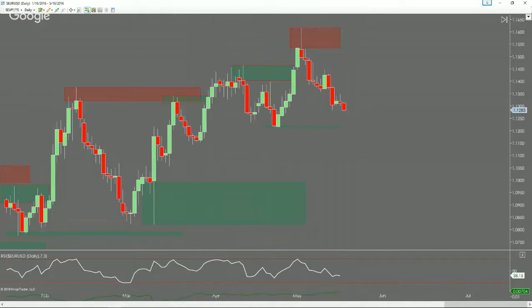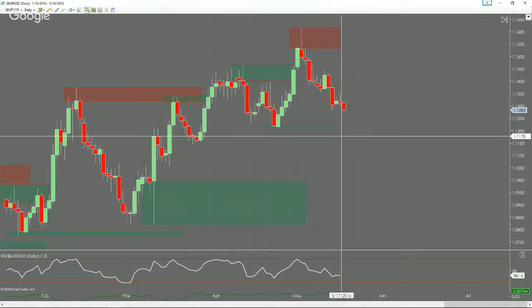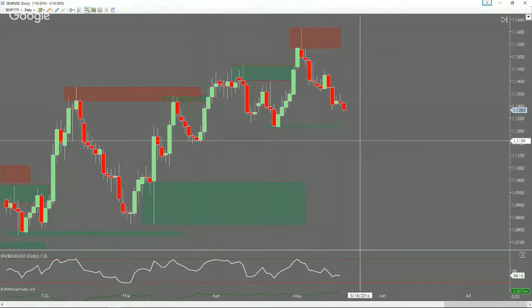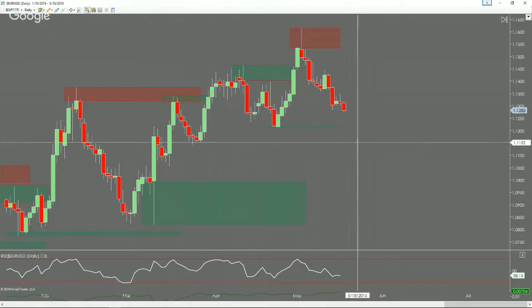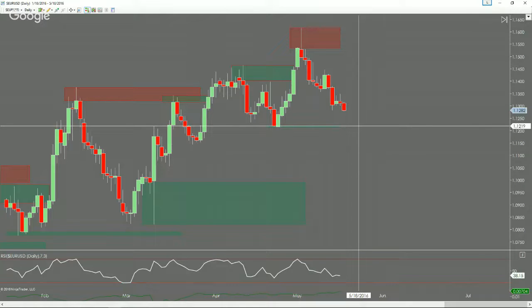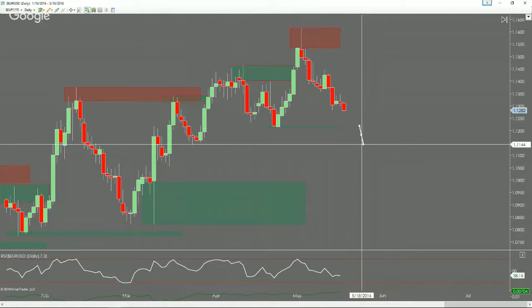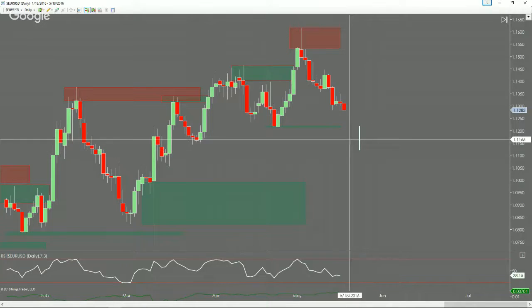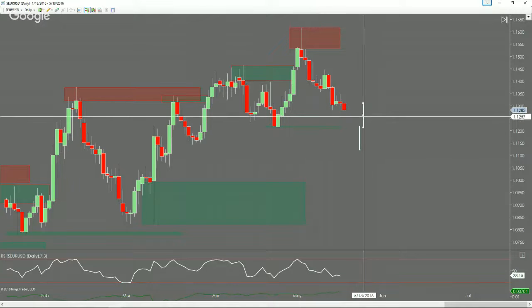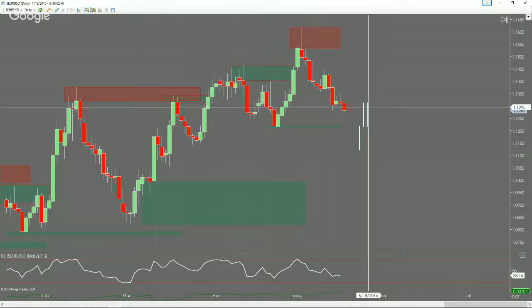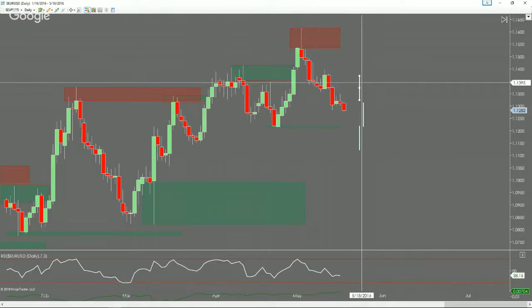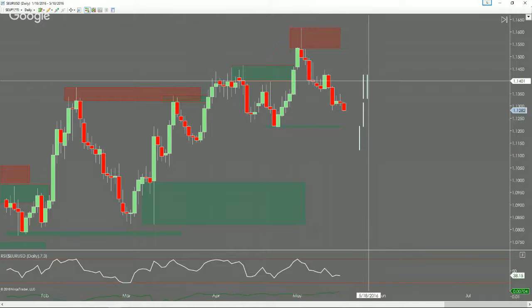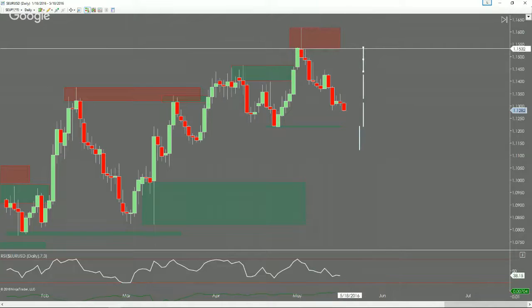So if price comes back down to that zone, we could be looking at a trading opportunity that's at least 1 to 2, more than 1 to 2, or 1 to 3 actually.